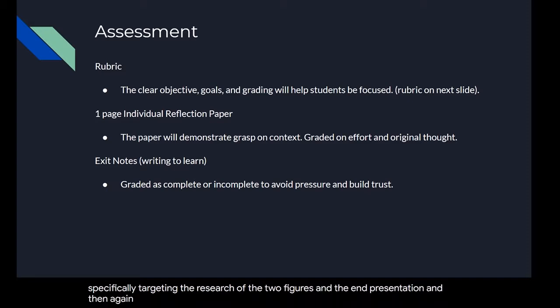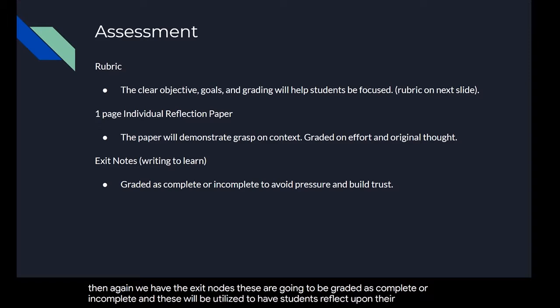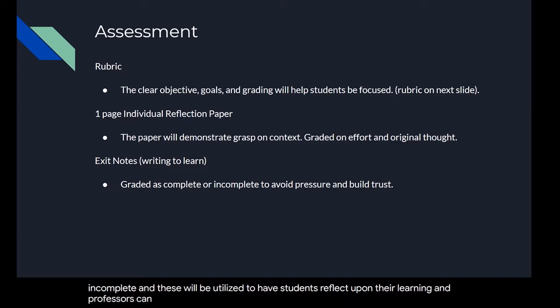And then, again, in light of Jonason, we have the 1-page individual reflection paper at the end to measure the students' grasp of the lesson and to see their original thought. And then again, we have the exit notes. These are going to be graded as complete or incomplete, and these will be utilized to have students reflect upon their learning, and professors can read them to gauge understanding.